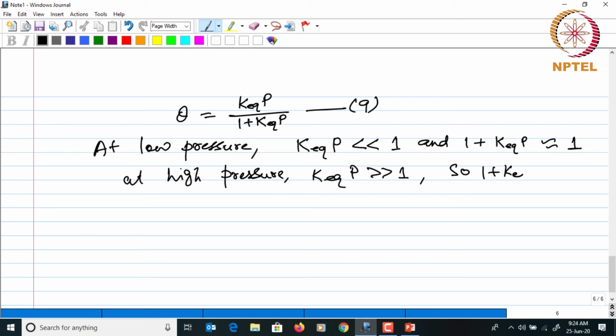So this becomes approximately equal to this. Okay, 1 plus KeqP becomes approximately equal to KeqP, because this is much higher than 1.